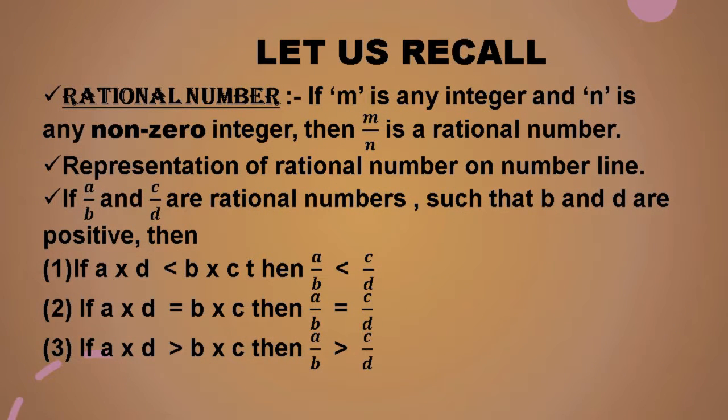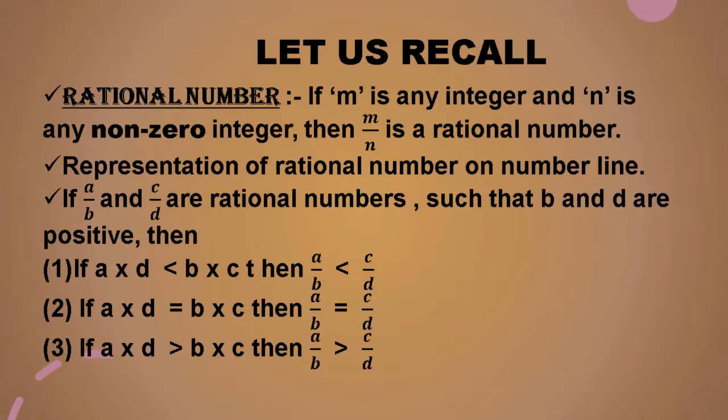Let us recall what we have studied in the previous module. We have studied that there are different types of numbers like natural numbers, whole numbers, integers and rational numbers. Rational numbers are the numbers of the form m by n, where m and n are integers but n is not 0.